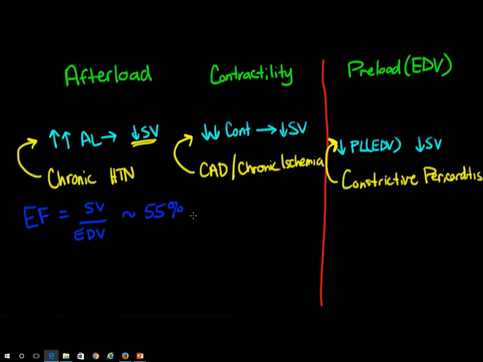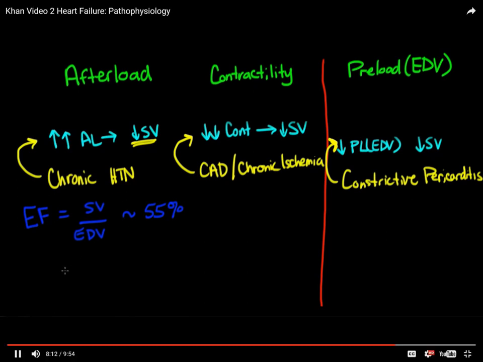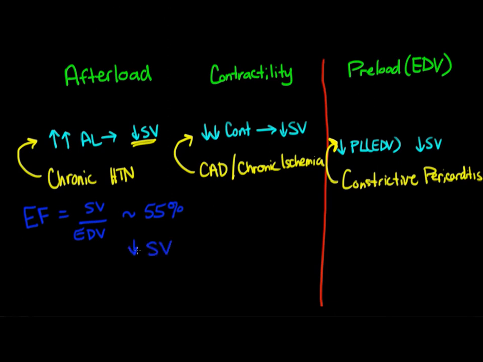And the reason I introduce this is because we can look and see what happens to the ejection fraction when all three of these variables are changed. And so if the stroke volume decreases in both increased afterload or decreased contractility, the preload or end diastolic volume is either going to not change or will actually increase, because since you're not pumping as much blood out with each beat because you have a decreased stroke volume, some of that blood is retained and this value may actually go up.